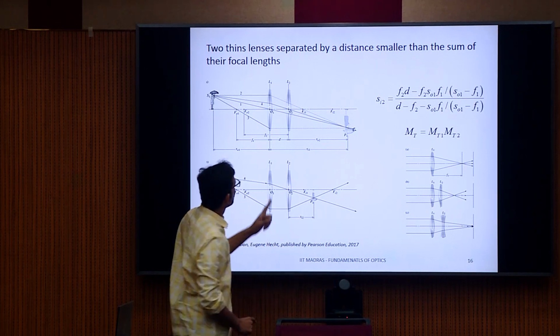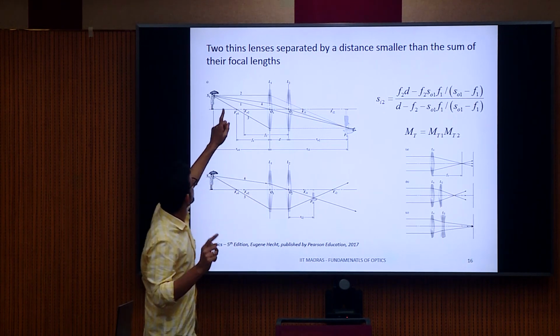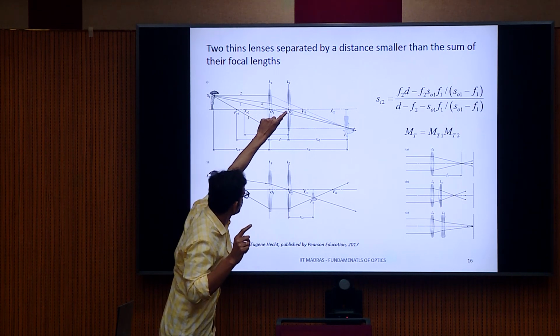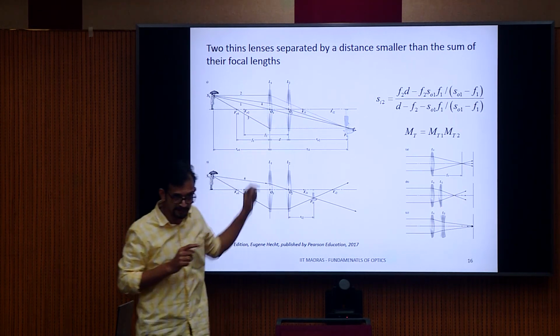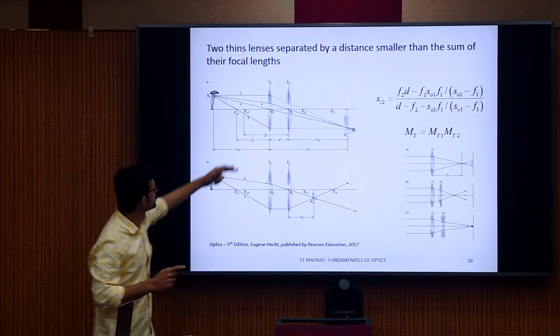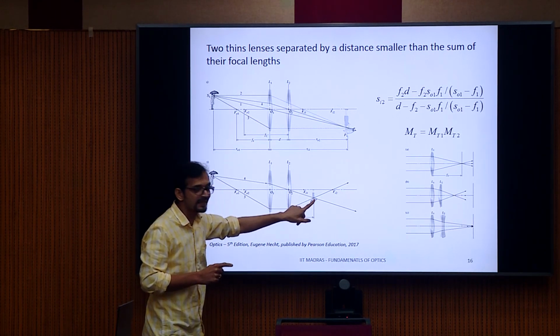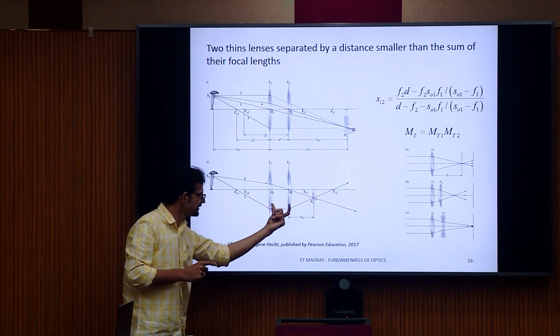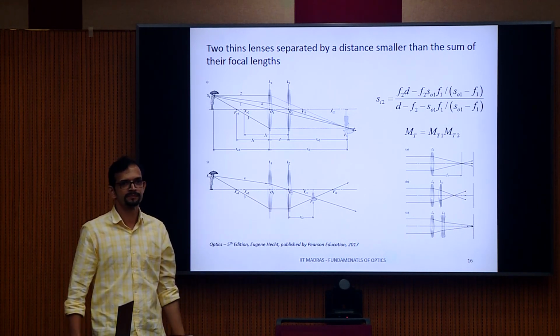Got the point? Now we have to draw one more line, that is line 4, which goes through the center of that lens, right? These two will effectively decide the image position once you put the second lens within the distance.